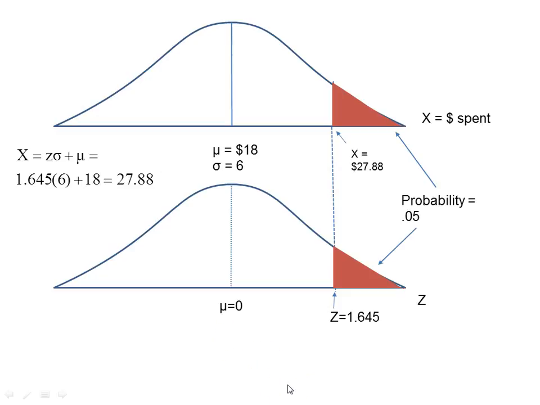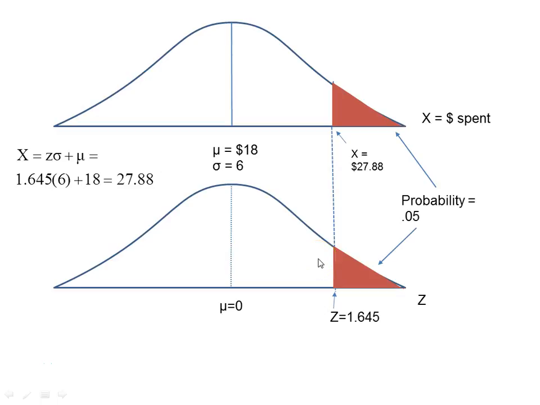Again, we can take a look at this on our graphs. We wanted to find a value of x here that leaves only 5% of the distribution above it. We already know the mean and standard deviation. You just have to get the corresponding z-value that leaves 5% above it, which means 95% below it.